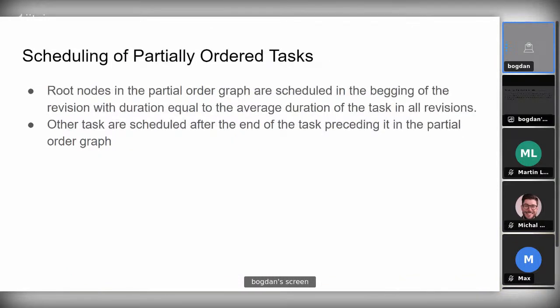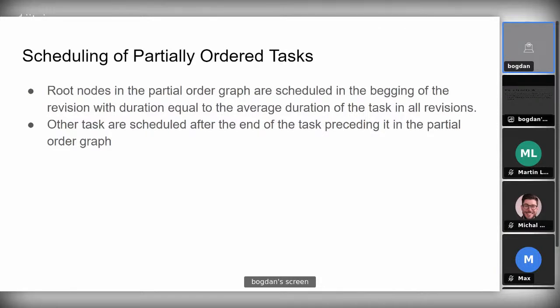After we construct this partial order graph, we have to schedule the tasks according to it. I don't include too many details because there is not much time. We start with the root node and schedule it at the beginning of the work package.